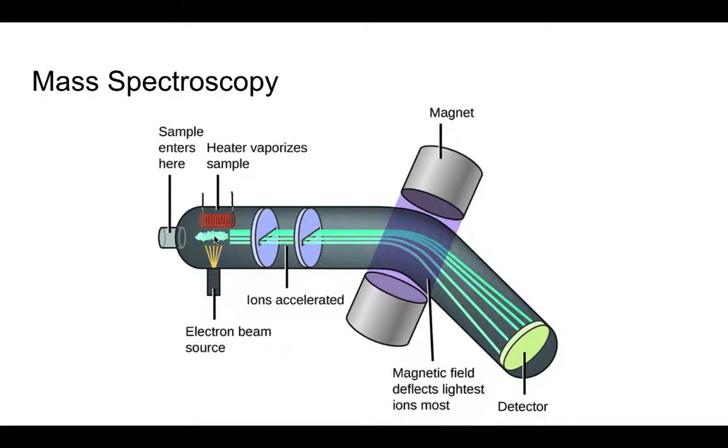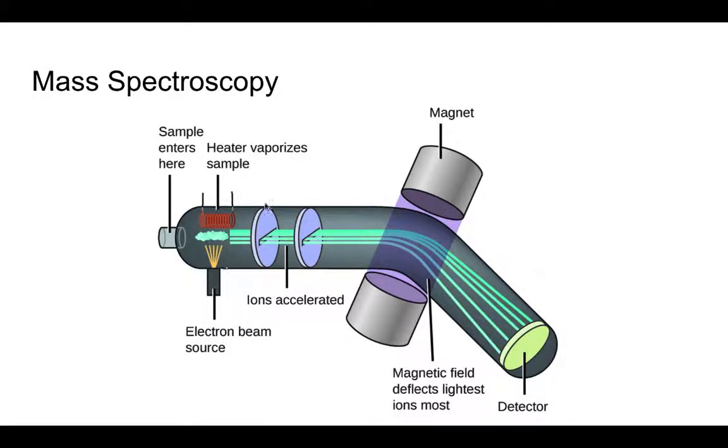Either way, these newly formed ions, and don't forget they are now charged, move down this way in the mass spectrometer, and then they get to this magnet on this curve right here. And a magnetic field, especially a strong one like this in a mass spectrometer, has the ability to affect charged particles.